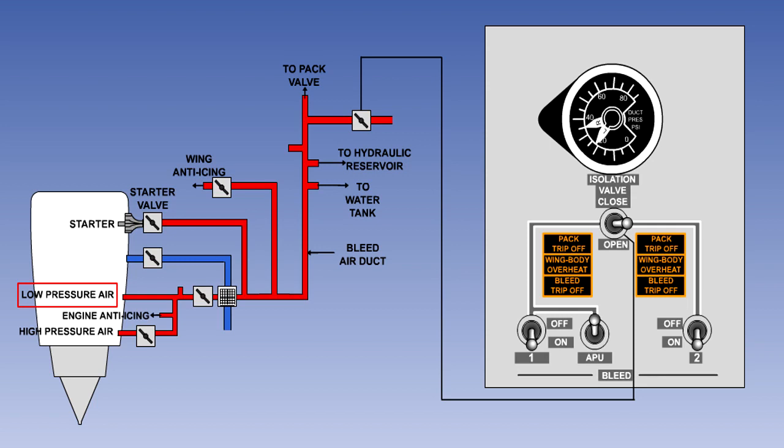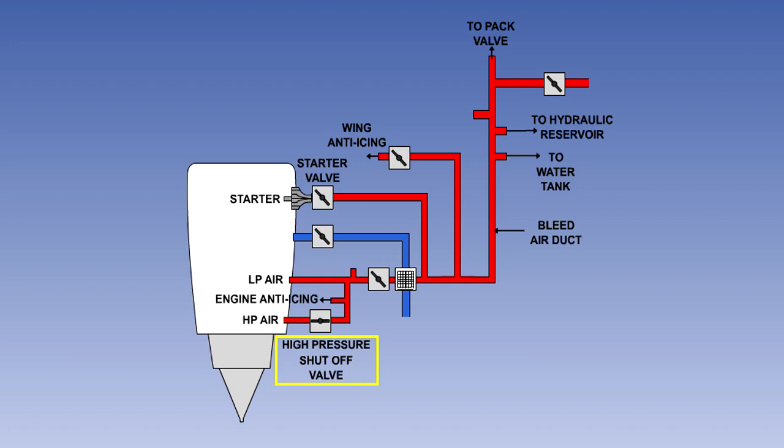Low pressure, LP air, is taken from an early compressor stage, and high pressure, HP air, is taken from a later stage. The high-pressure source is controlled by the high-pressure shutoff valve, HPSOV. This valve is pressure-sensitive and pneumatically operated.